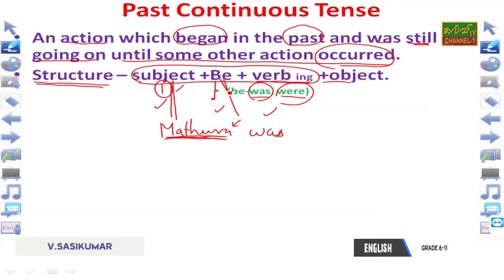Then the be verb should be written here, was. Then immediately we can write verb 1, present tense verb, ing form. That's why we can write study plus ing, studying, studying a lesson.